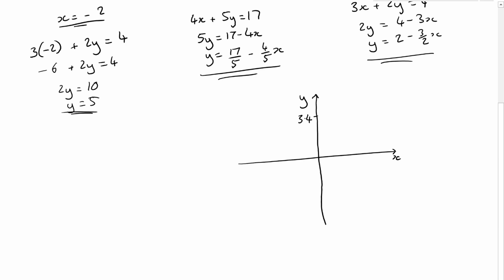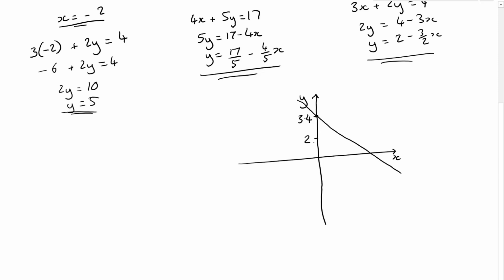So we know it has to pass through this point here, and it has a gradient of negative 0.8. So 4 over 5 is going to give you a negative 0.8 gradient, which means it's probably going to go something like this, roughly. Now this one is going to have a y-intercept of plus 2, so it's going to go through something about there at plus 2.